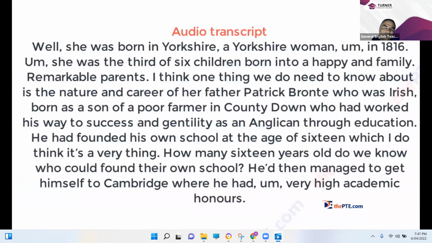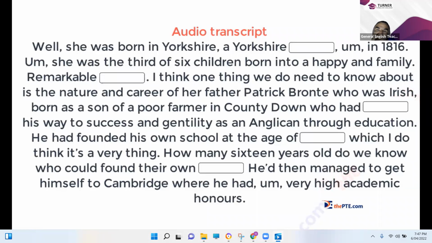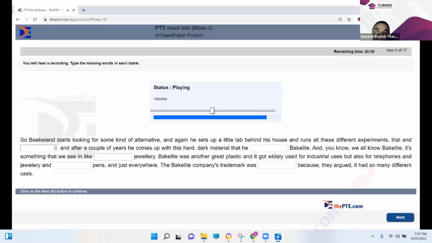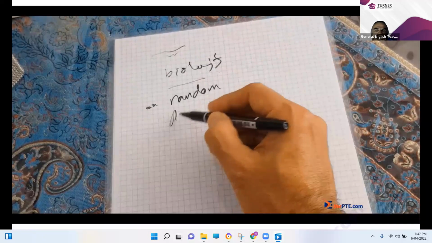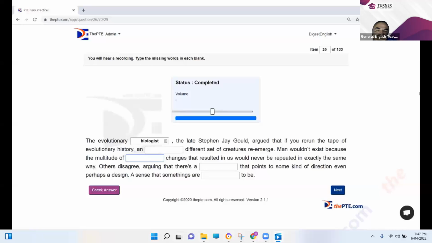Now, basically, fill-in-the-blanks listening is a transcription of an audio with some words missing. After listening to the audio and writing the missing words on the erasable notebook, candidates are expected to type those words in the appropriate gaps.